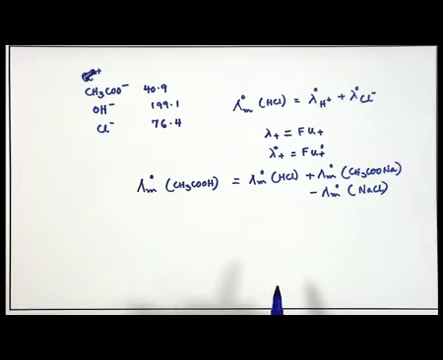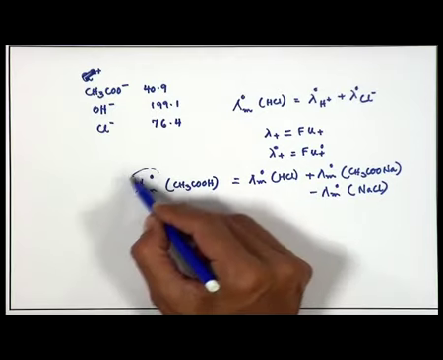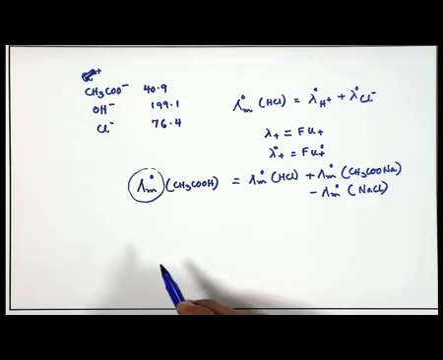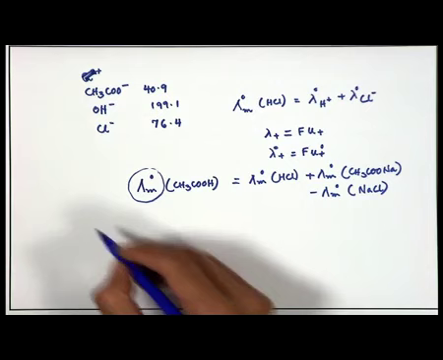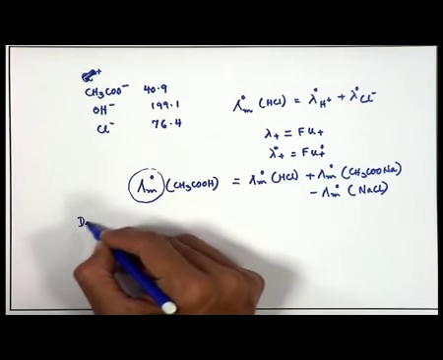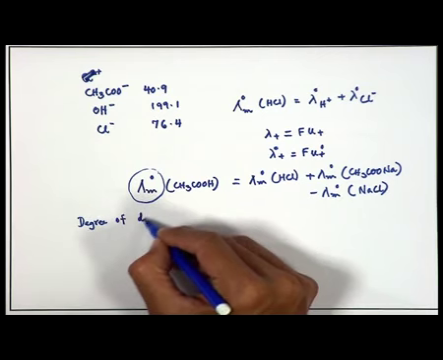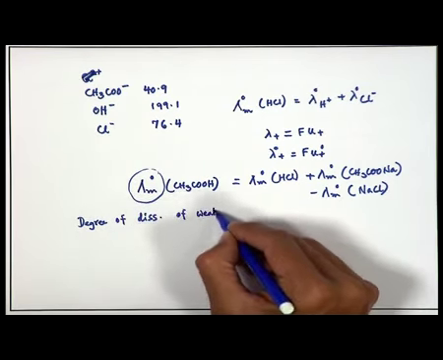Now, what can be the application of these numbers, this lambda m 0? One of the important applications is to find out the degree of dissociation of weak electrolytes.